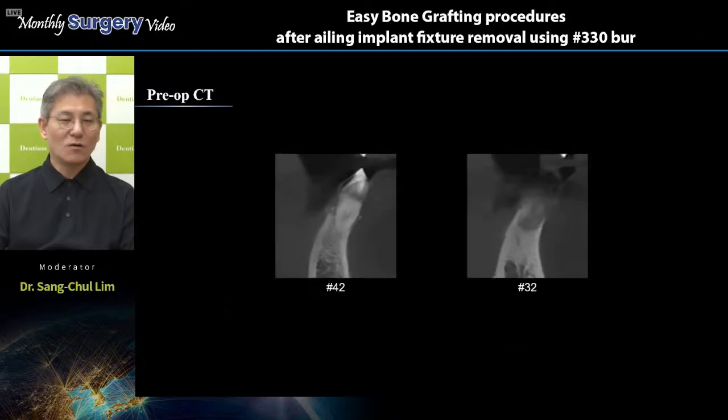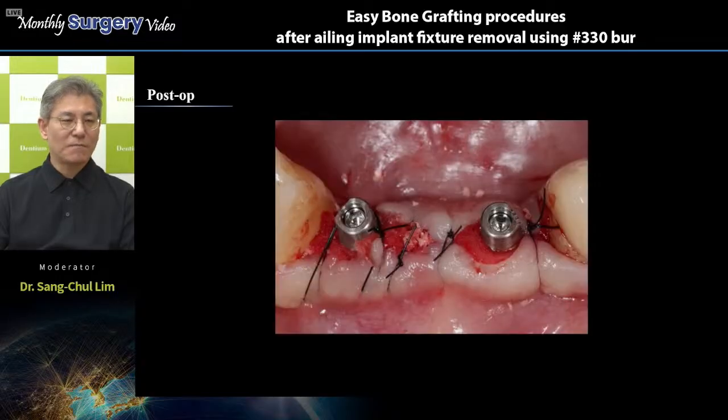Before, the cone beam CT showed number 42 area and 32 area. Very narrow ridge and the labial bone plate is so thin, so it is not able to have a regular diameter internal connection type on this ridge. So we wanted another option to install on this ridge. So finally, Dr. Zhang decided on a Bright TL on this area.